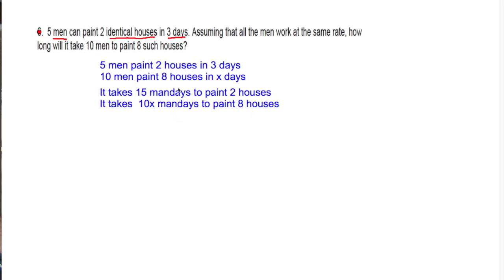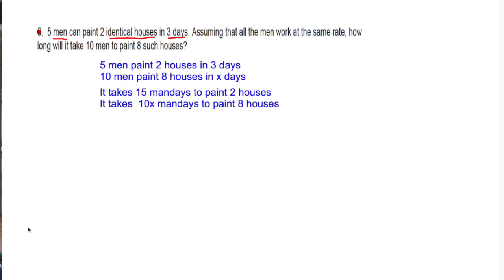Remember that man days is the amount of time required for the job. So if we have more man days, we can paint more houses. That means this is actually a direct proportion.